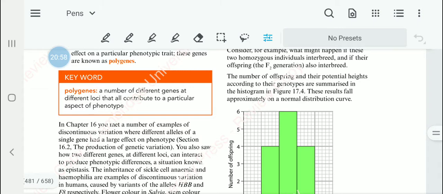In discontinuous variation, different alleles of a gene have a large effect on phenotype. Sometimes different genes at different loci can interact to produce phenotypic differences, within brackets epistasis.